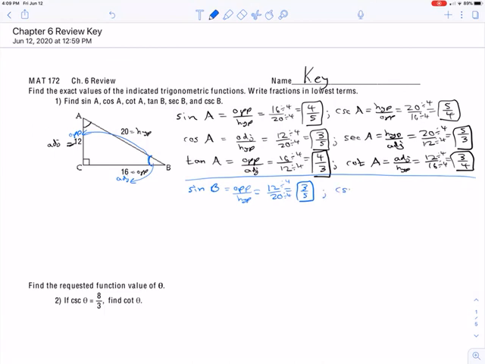And with cosecant of B, we get, of course, hypotenuse over opposite. So we get 20 over 12. As we reduce that, dividing out our greatest common factor of 4, we get 5/3 for its function value. All right, and if you look, these two angles A and B are complementary.